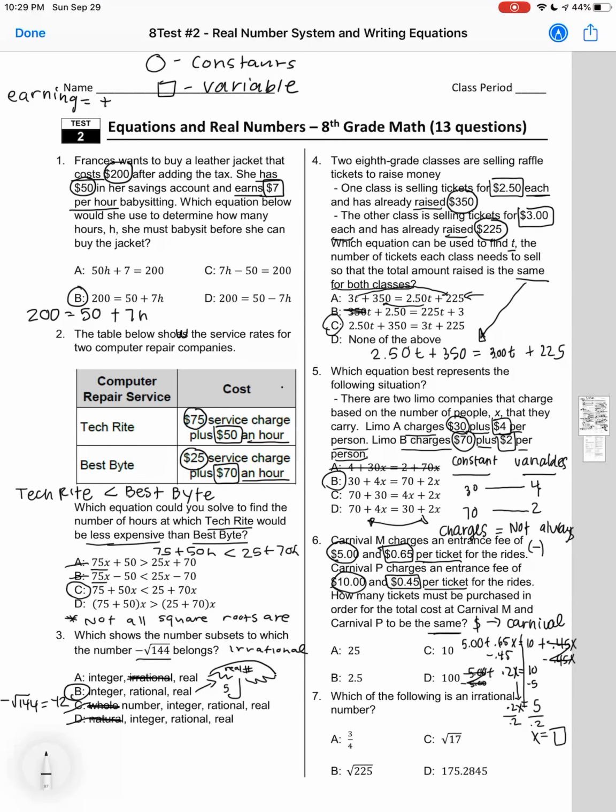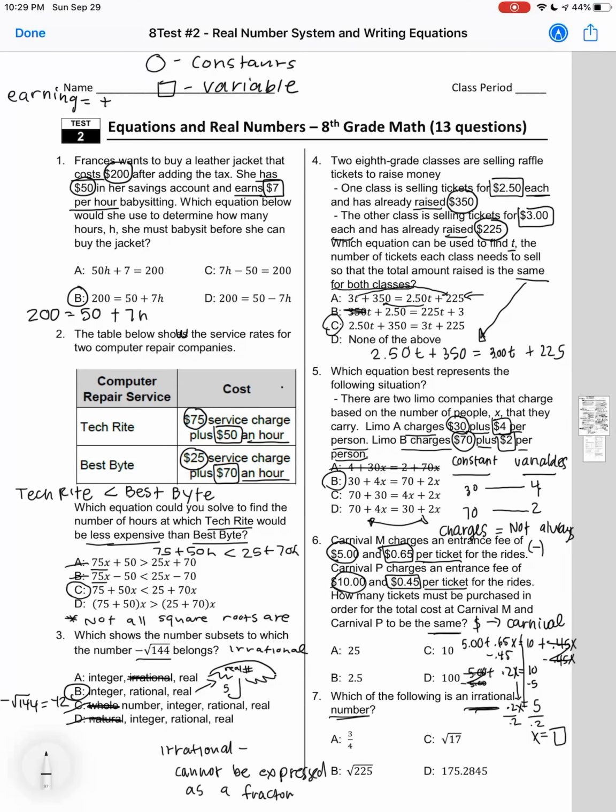Which of the following is an irrational number? So an irrational number cannot be expressed as a fraction.